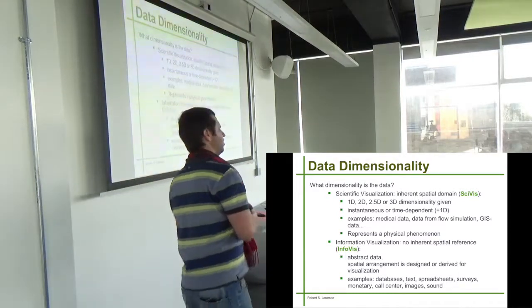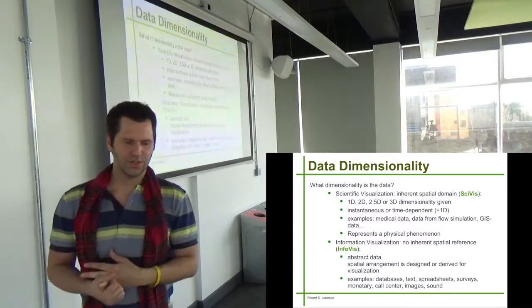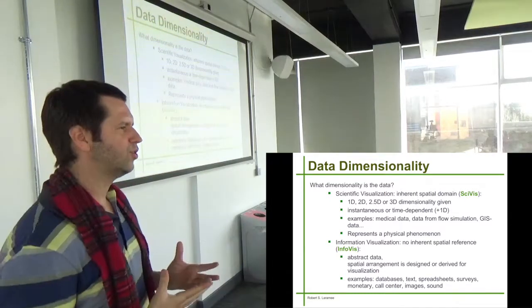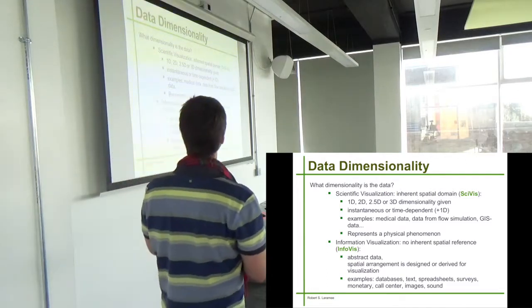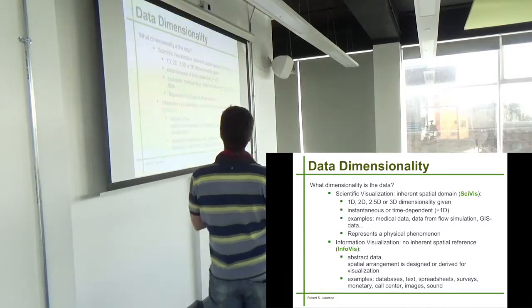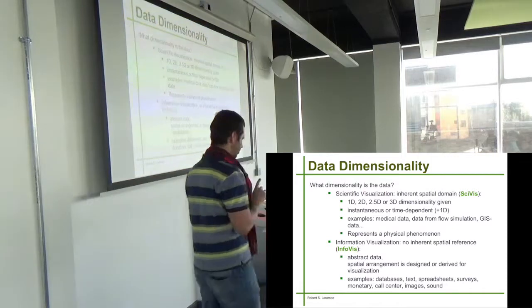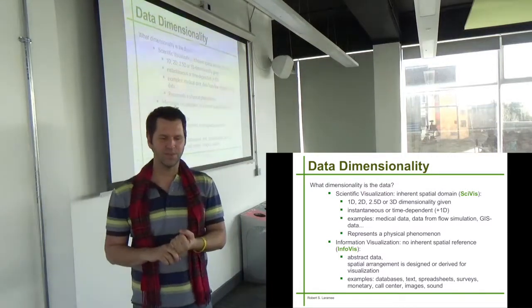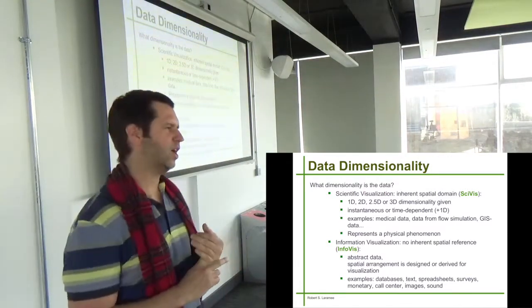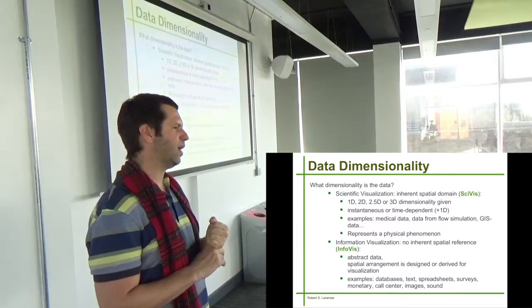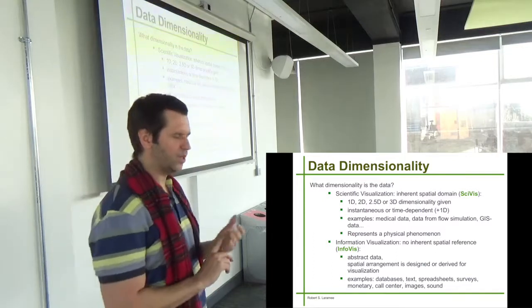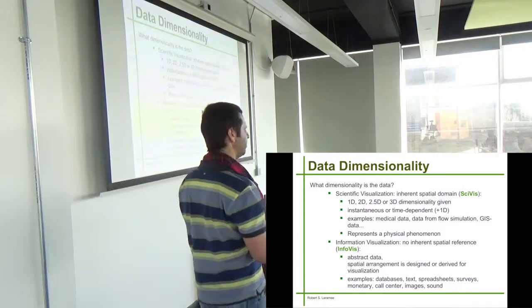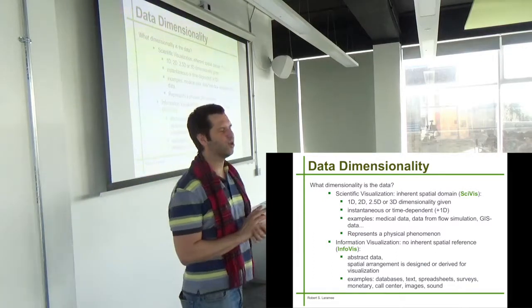Data has a dimensionality. This is about terminology, really. It's conceptual, but it's also about terminology. When we refer to scientific visualization, the word dimensionality refers to space and time. So we can have, for example, 0D data.